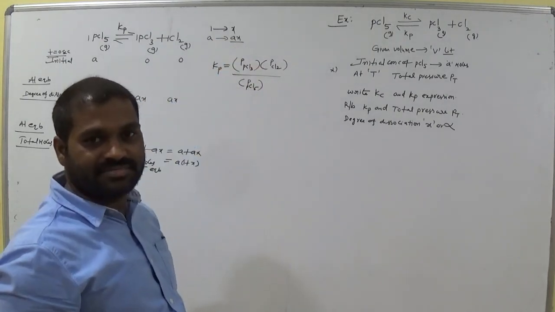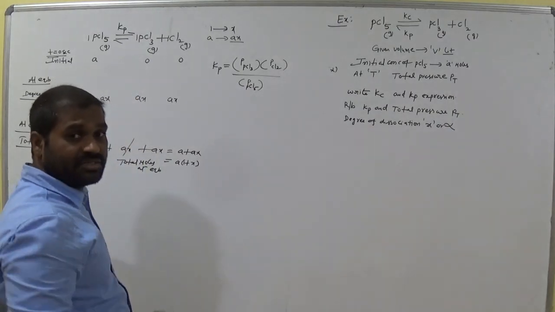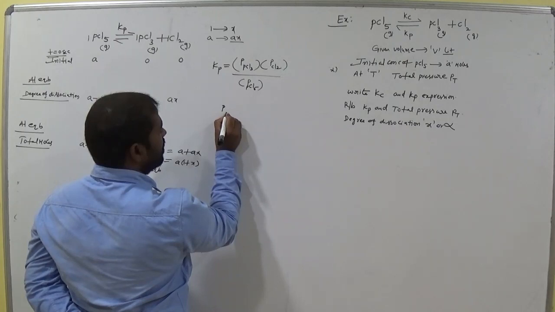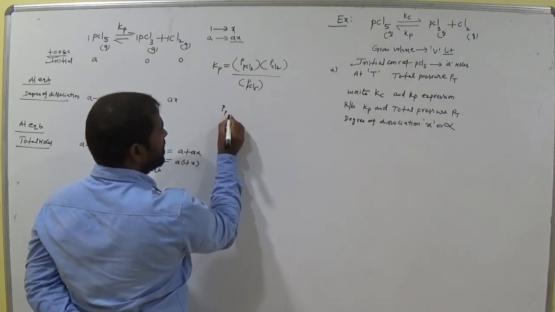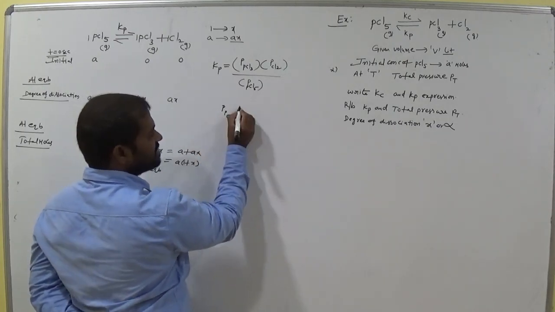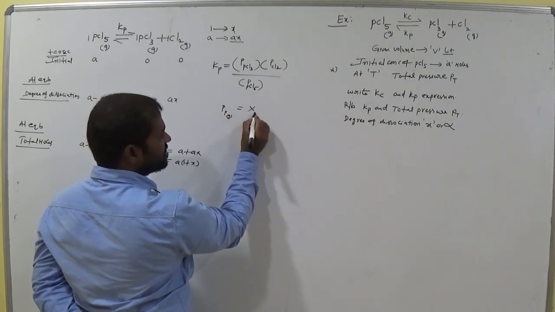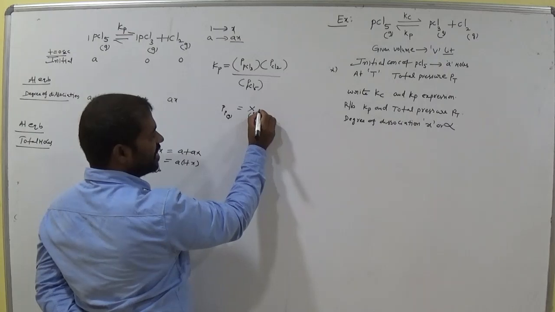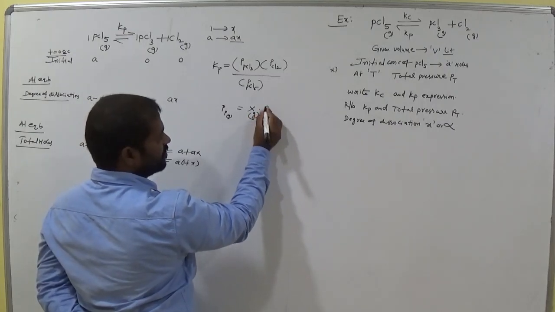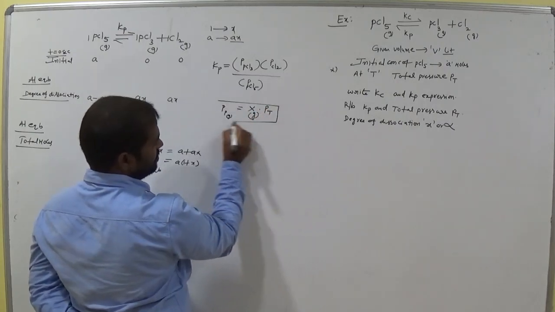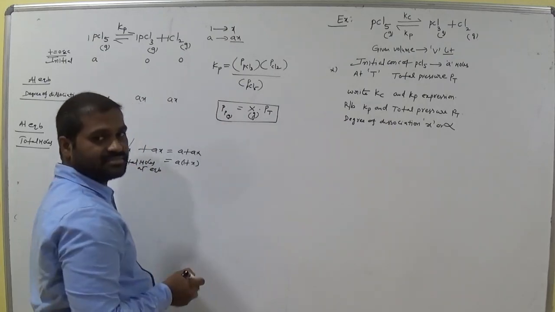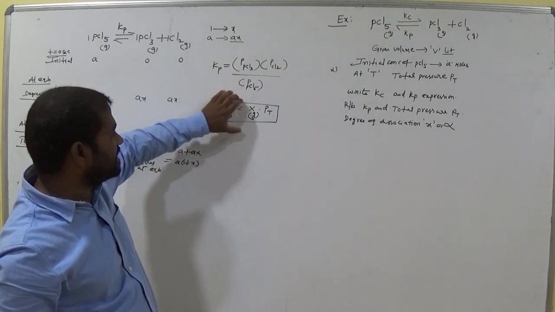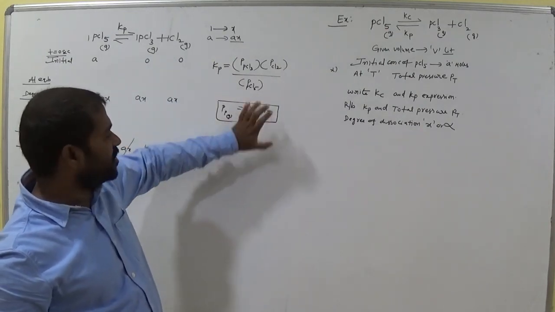According to Dalton's law, partial pressure of the gas is equal to its mole fraction of the gas into total pressure. This is the relation. Is it clear? Partial pressure of the gas is equal to its mole fraction into total pressure.